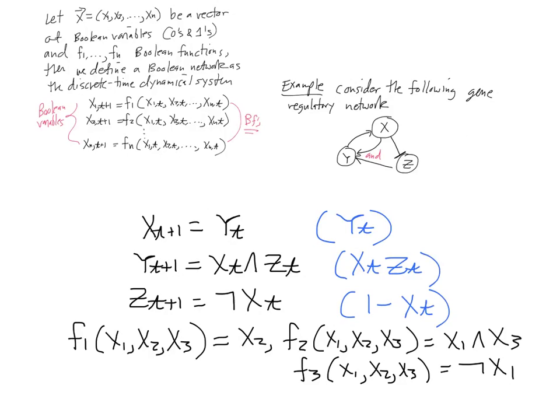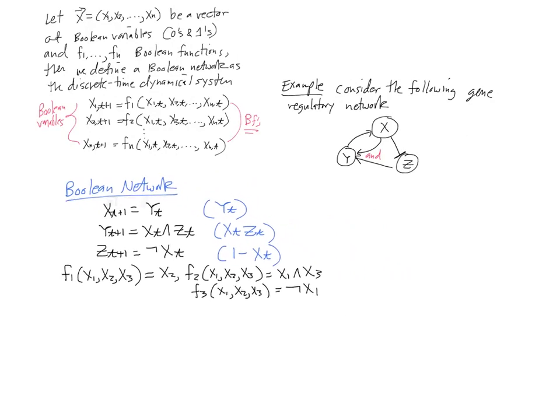Maybe I have to clean this up a bit. There we go. And so that's your Boolean network here for this system of three genes, and which inhibit which, and which sort of prohibit the other ones. And so let's just do one iteration of this model.